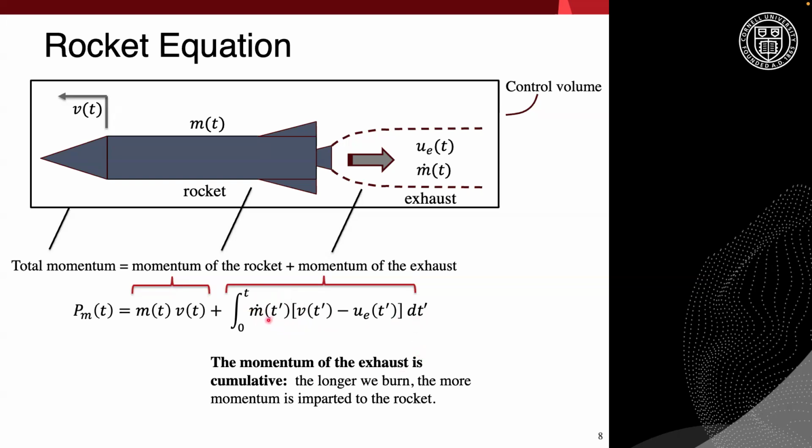So m dot here is in kilograms per second. If we multiply it by dt, we're going to obtain kilograms. So the units are consistent. We have a mass times a velocity. And we do this integration between 0 and the current time t.